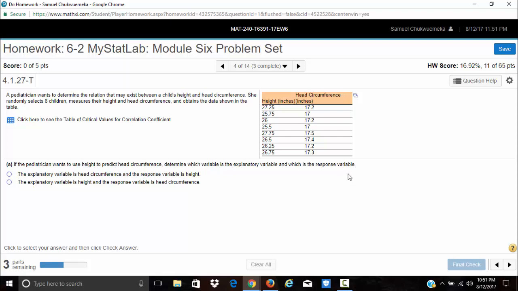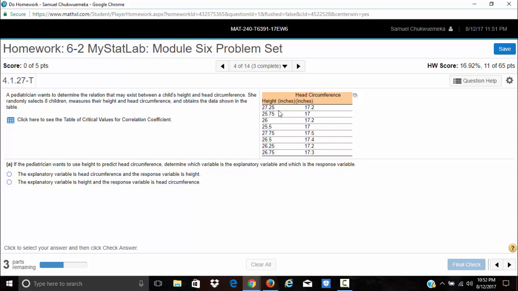The explanatory variable is your x variable, and the response variable is your y variable. So you use your x to predict your y. She wants to use the height to predict head circumference.